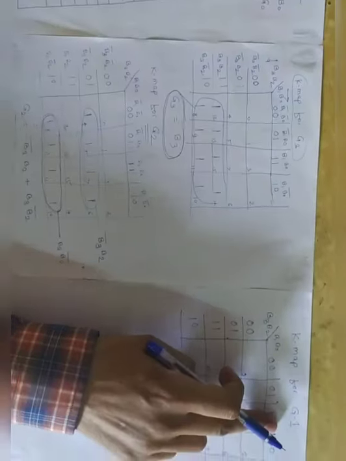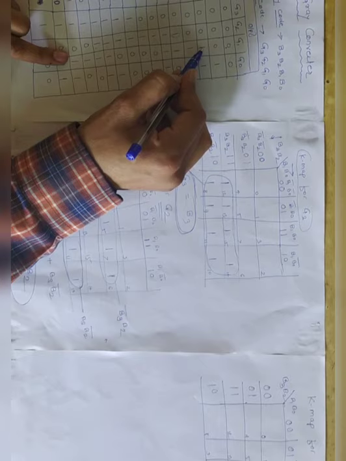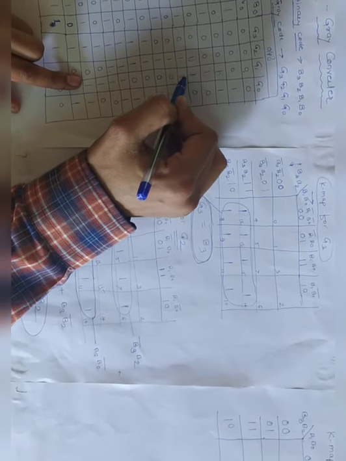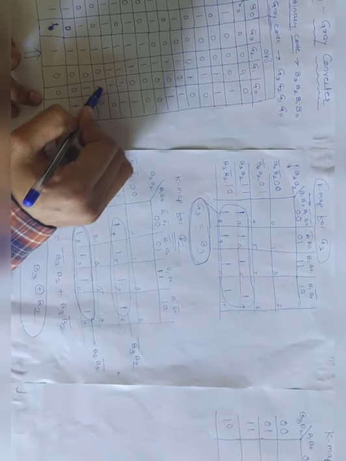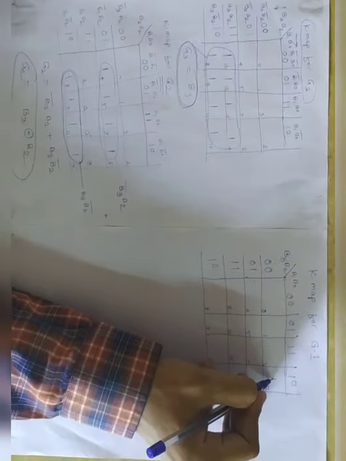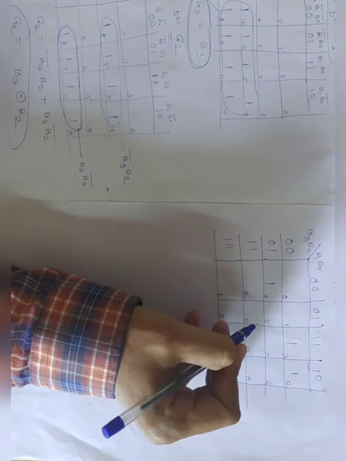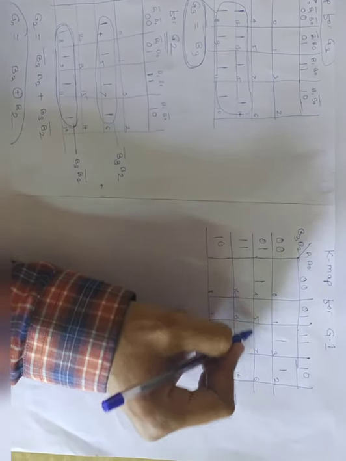For G1, consider only the G1 column. I want to place these ones in that K-map. For the first ones, where is the second place? Yes, 2, 3, 4, and 5.